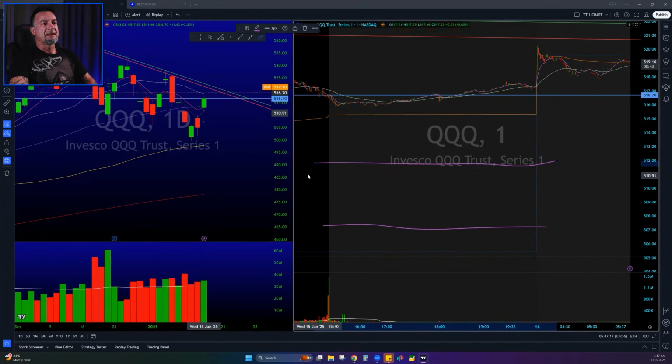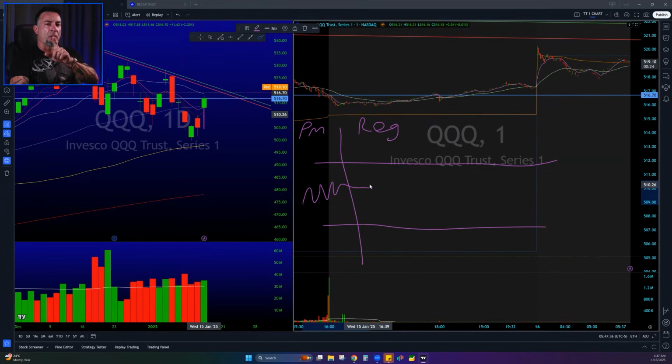And this line separates pre-market and regular hours. Okay, so market's doing whatever it wants to do pre-market, and it's about to open up. So market opens up, and now this is the important thing: first directional pick, what it does. What direction does it pick?